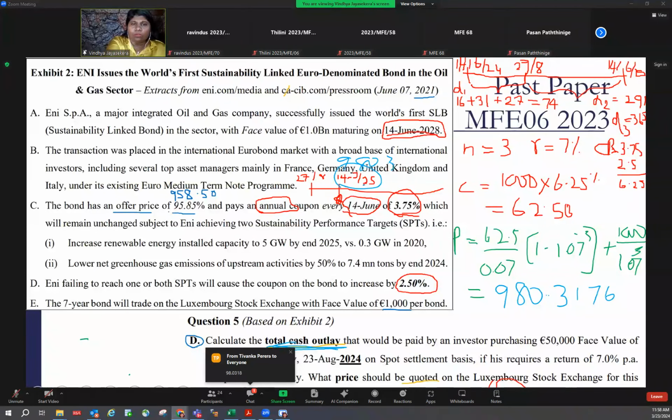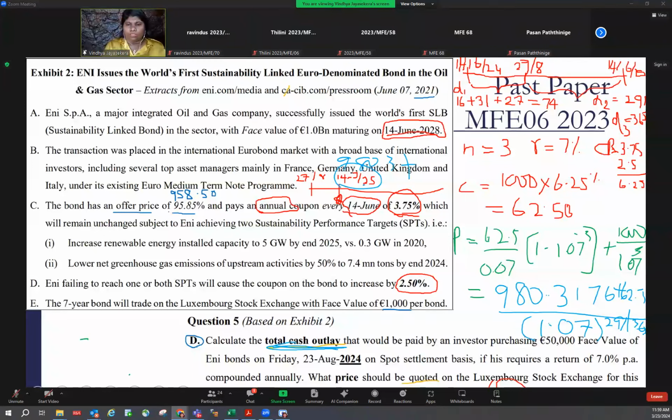You add the coupon here, 62.5. And then what do you do? Discount it. Over how many days? Discount the 1.07 over 291 days, 291 over 365. And how much is that?